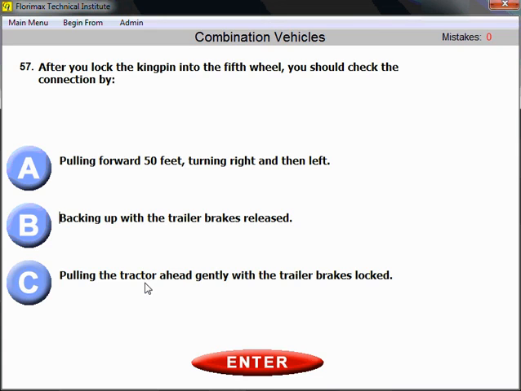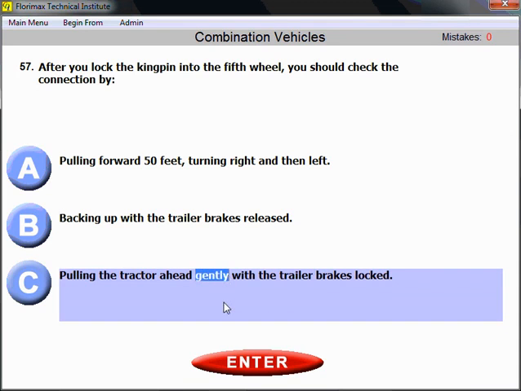Question number 57. After you lock the kingpin into the fifth wheel, you should check the connection by doing one of these actions. And definitely the right answer, you should check the connection by pulling the tractor gently. Gently.